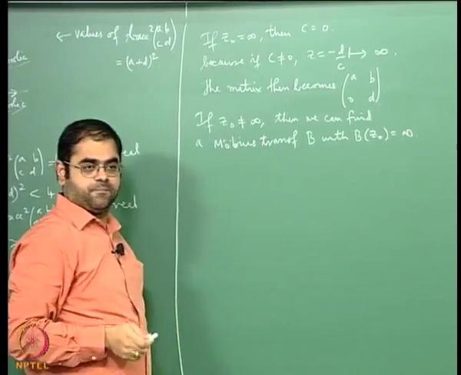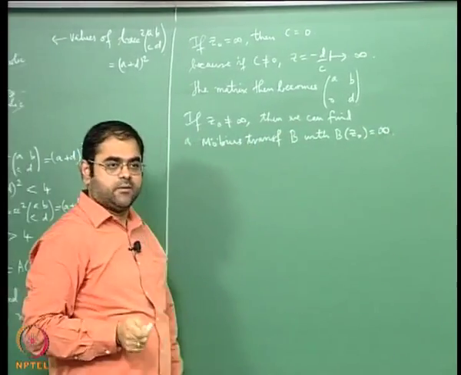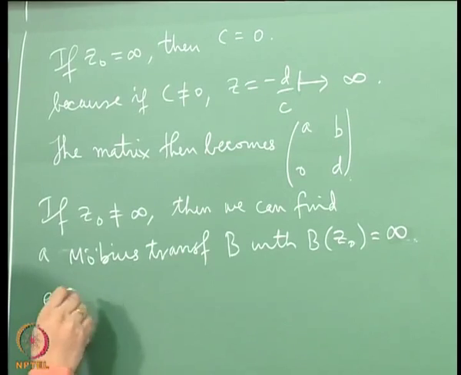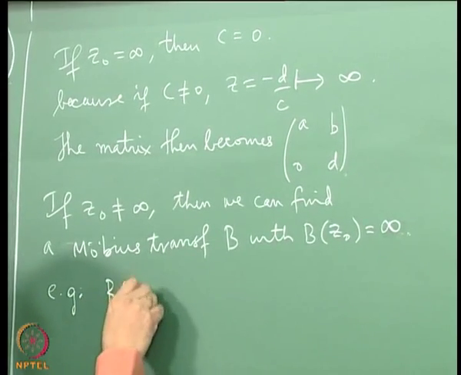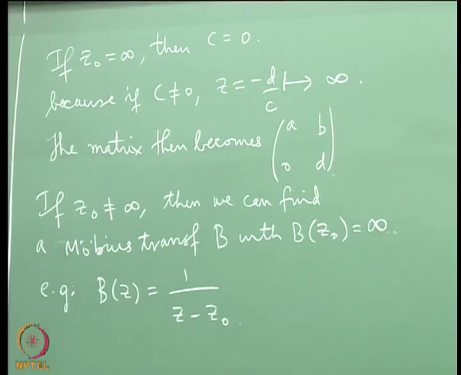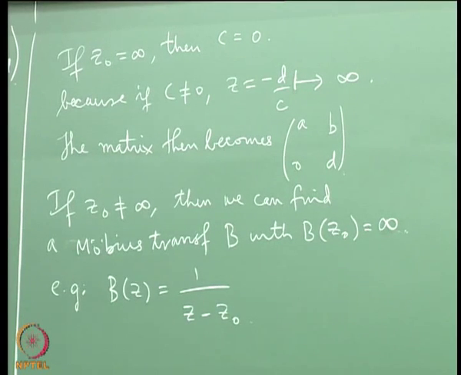You can move z0 to infinity. For example, you could have taken B of z to be simply 1 by z minus z0. If you take B of z equal to 1 by z minus z0, then z0 will go to infinity. So it is a Moebius transformation that will move z0 to infinity.